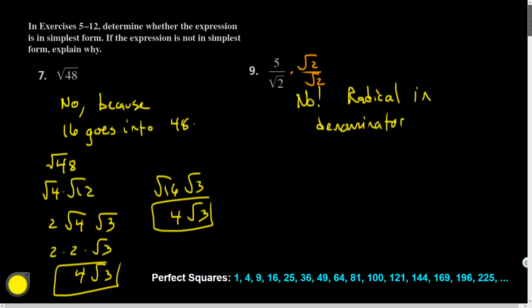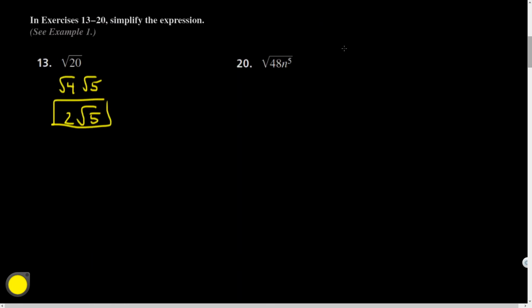48. Didn't I just have 48 a second ago? I did. So square root of 48, I could break up into 16 times 3. And n to the 5th, we talked about this. I could say n squared times n.